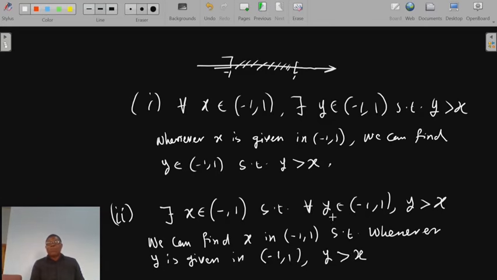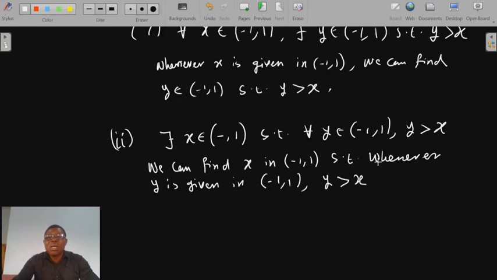Of course, if you look at the way this reads, it's obvious that the second statement is not true. What is it saying?